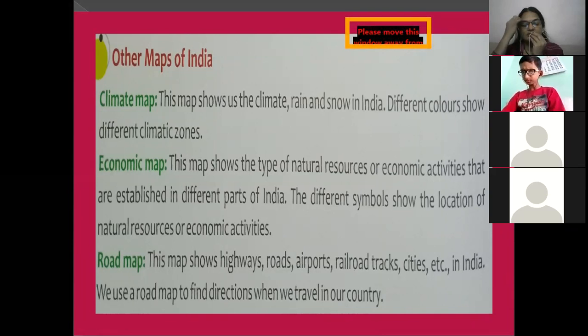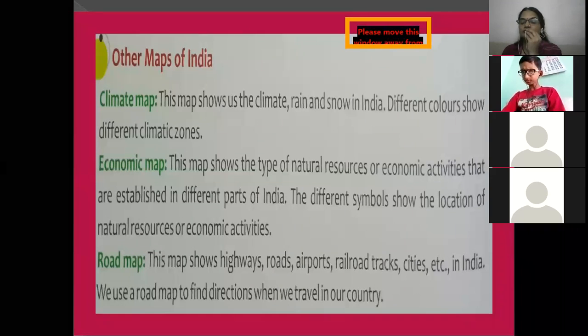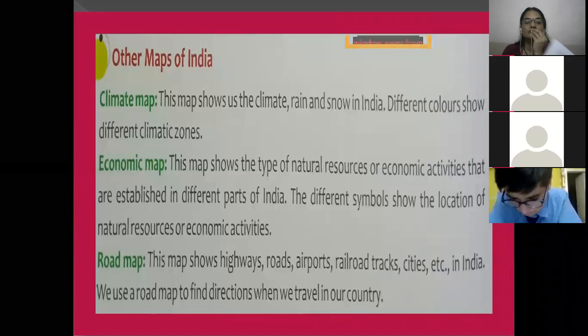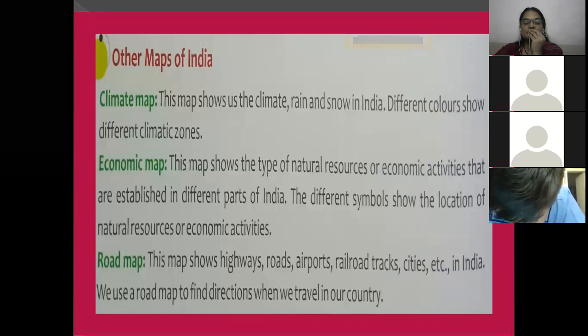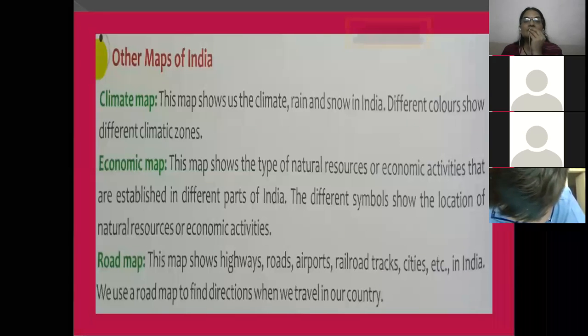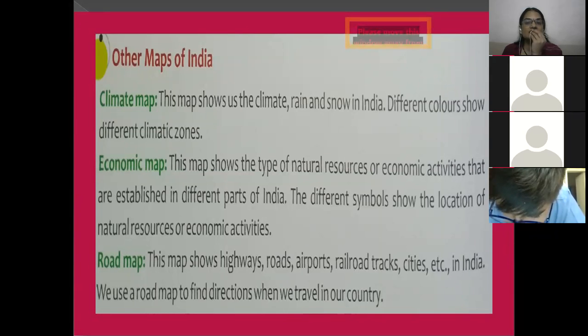Different colors, different symbols are used to explain different things. So political maps are used in studying about different states, their location, important cities. Clear, students?